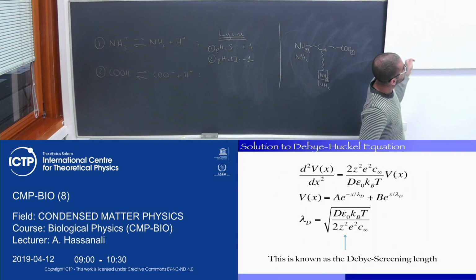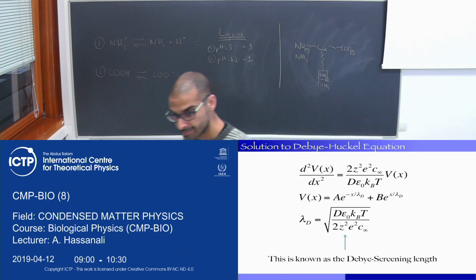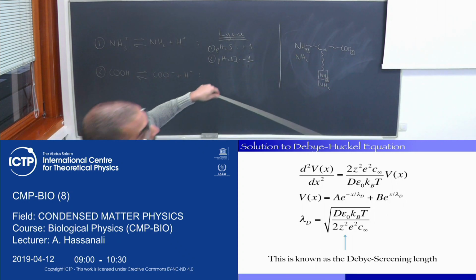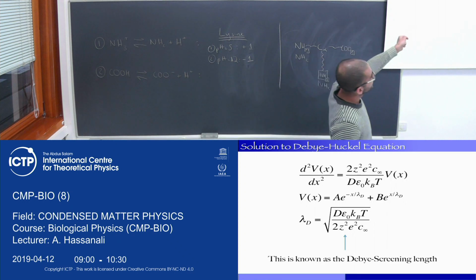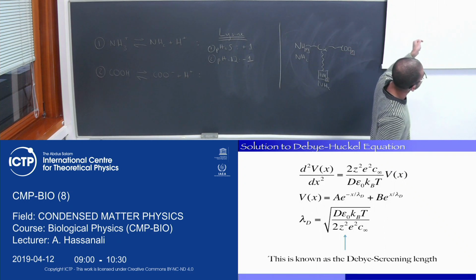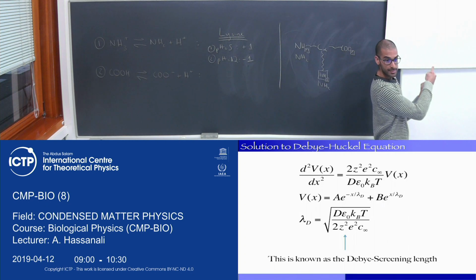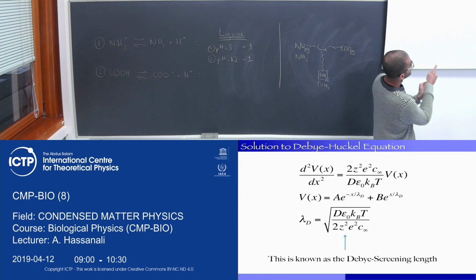If I do that, then it's trivial to solve this, and so I can write out the potential as a sum of two exponentials. And a quantity that comes out of this, which is the Debye screening length, lambda D, is related to these prefactors here. These prefactors involve the dielectric constant of my medium.